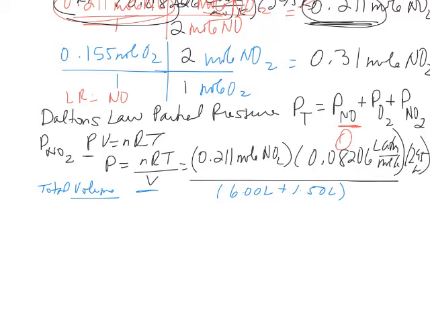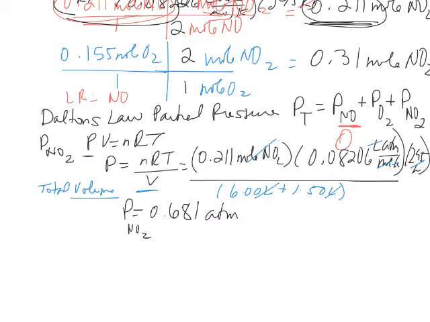When you put that in your calculator, you see that the moles cancel out, Kelvins cancel out, liters cancel out, and you're left with atmosphere, which is the correct unit for pressure. You should get 0.681 atmosphere, and this is for NO2.